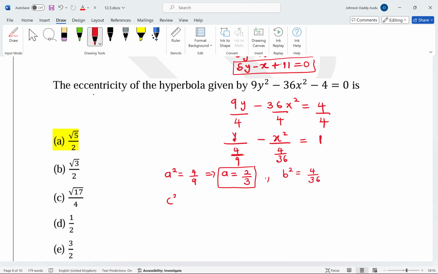We know that c is just the square root of a squared plus b squared. a squared already is 4/9, plus b squared. b squared is 4 over what?